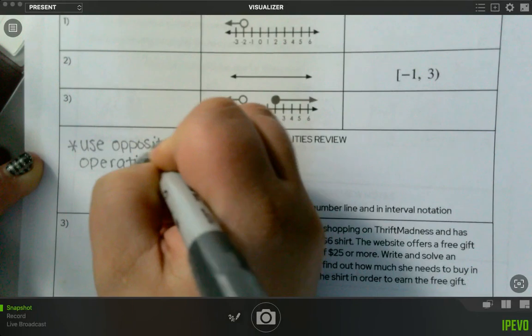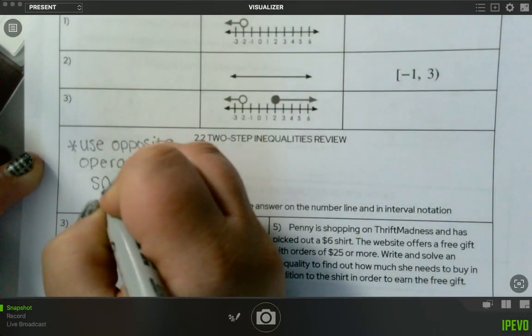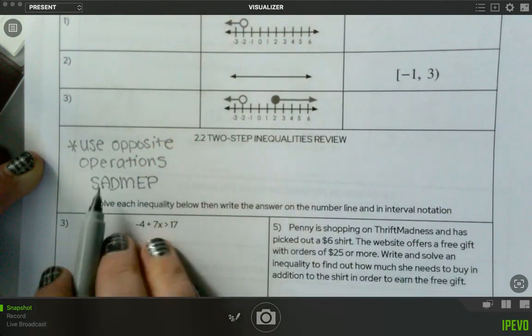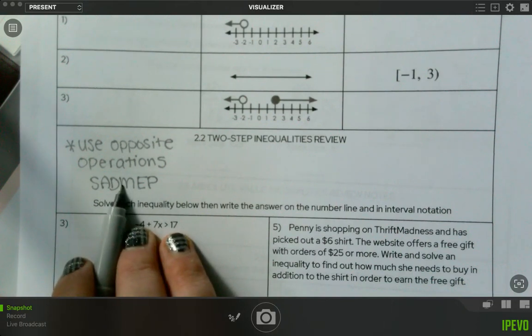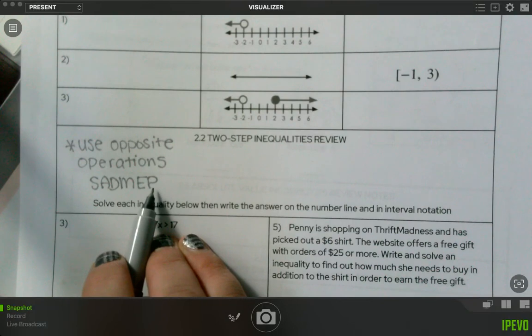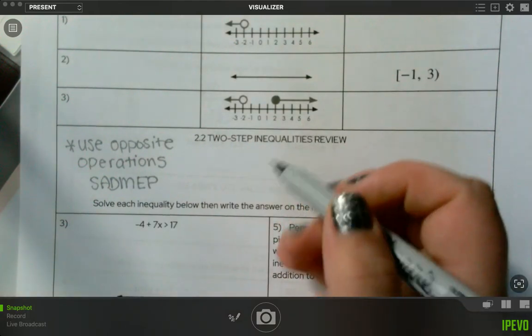And when you do that, make sure you use PEMDAS backwards, which is SADMAP. So undo addition and subtraction first, then undo multiplication and division, and then you would do parentheses the very, very last. Okay, so anything that's inside parentheses doesn't get to go out until the very end.